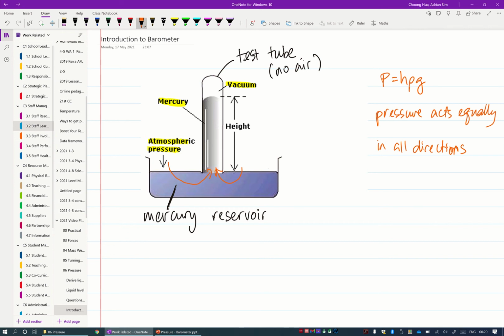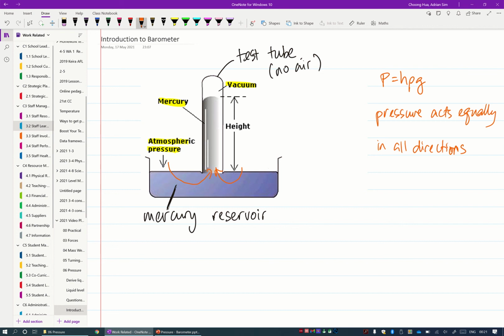So the mercury level in the inverted test tube rises until its weight acting on the cross-sectional area of the test tube becomes equal to the atmospheric pressure. I say again, the mercury level in the barometer rises until its weight in the column acting on the cross-sectional area of the tube becomes equal to the atmospheric pressure.